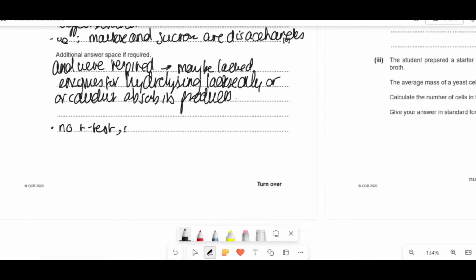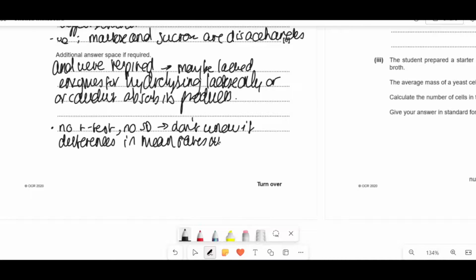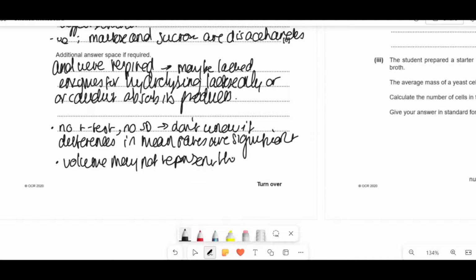So there's no t-test or SD, so we don't know if the differences in mean rates are significant, and make sure you say what the results are. As well as that, volume may not represent the rate of respiration. That makes sense because you're taking in oxygen and putting out CO2.